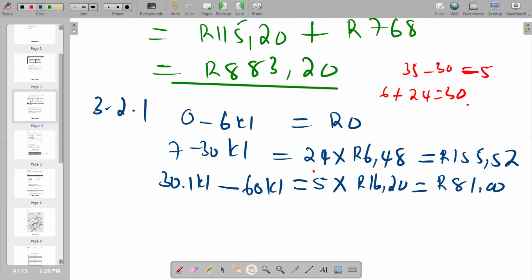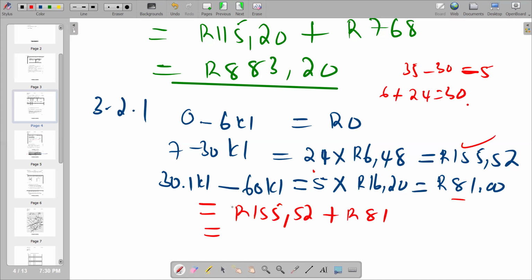So with that, we can now calculate to get the total, whereby we are now saying the total is equal to 155 rands 52 cents, and then we add the 81 rands. We say 81 and we add your 155.52.